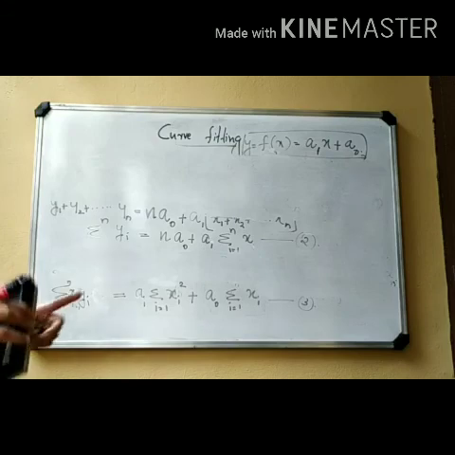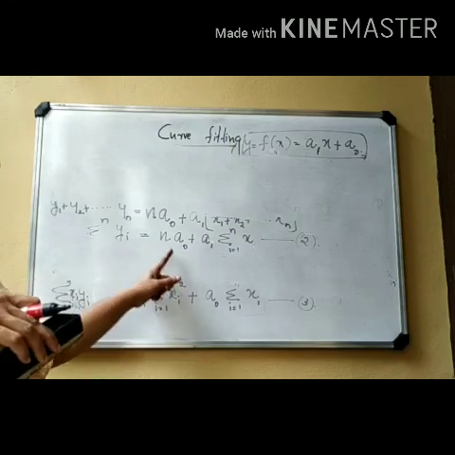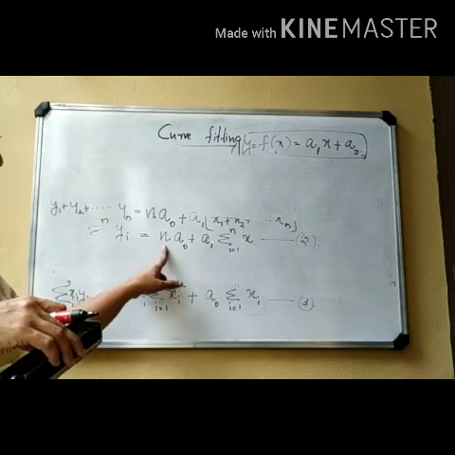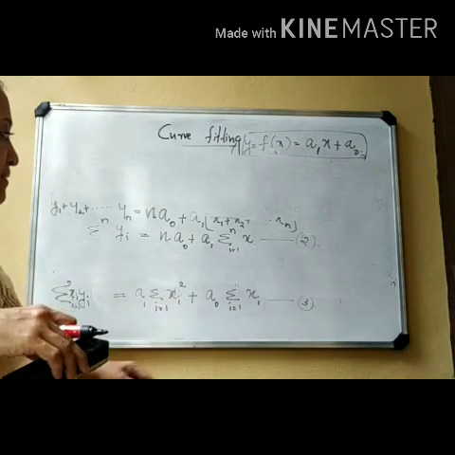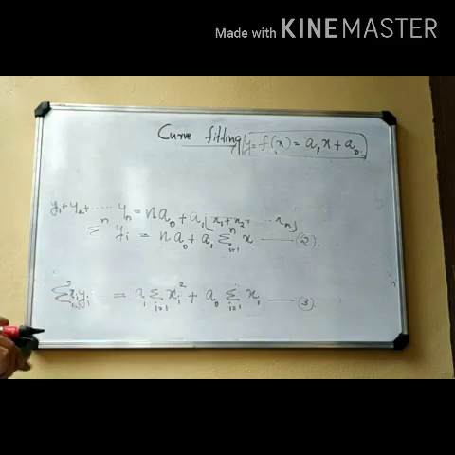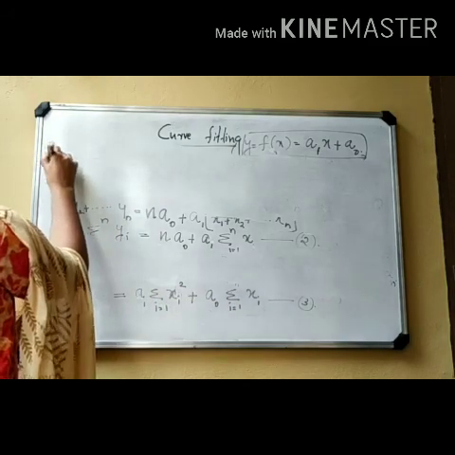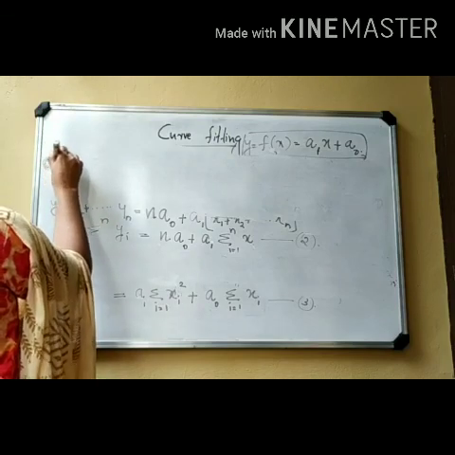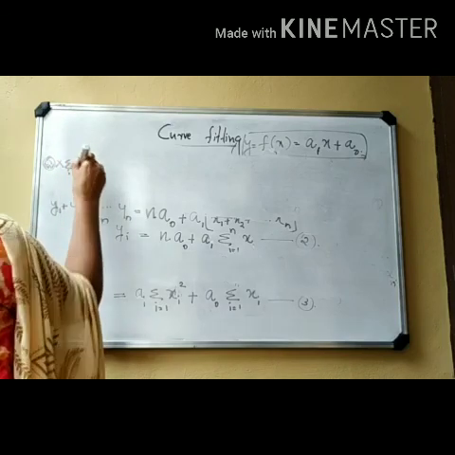So here you can see that by using these coefficients, we can eliminate a0 between these two, so that we will be getting the value of a1. Here the coefficient of a0 is n, here it is sigma i xi. So we can multiply equation 2 with sigma i xi.